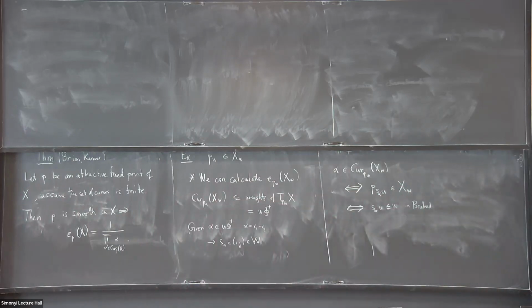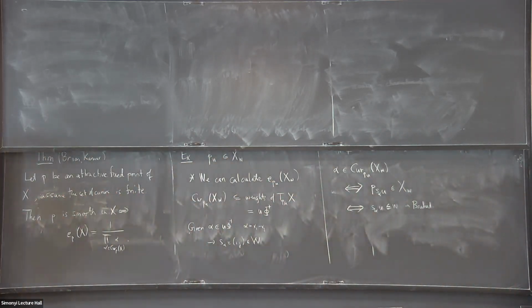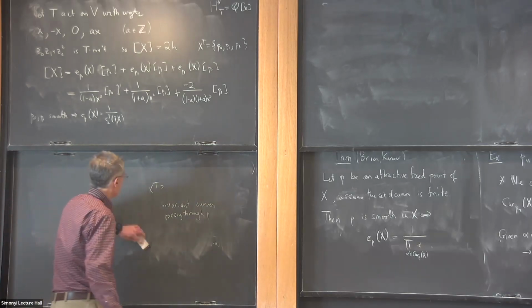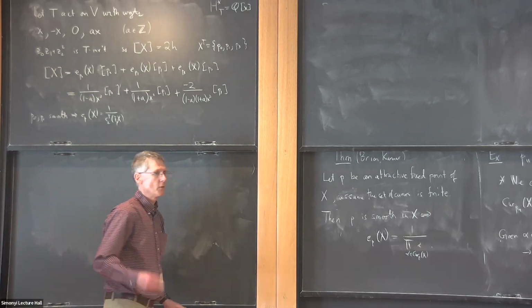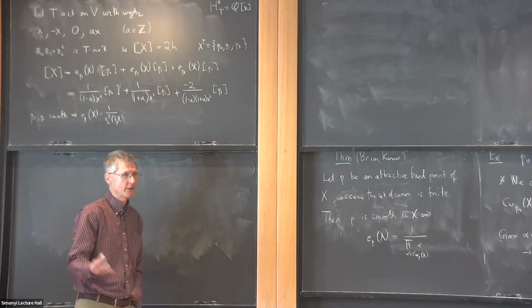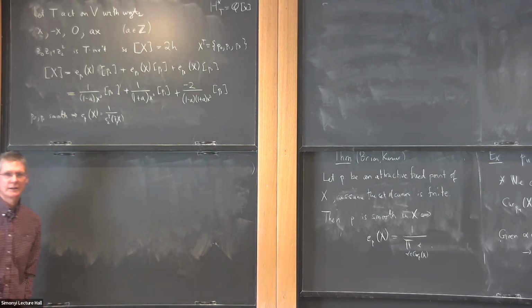So in the last few minutes, one thing I was possibly going to say is that one can also get information about rational smoothness, which is when the Kazhdan-Lusztig polynomials are trivial, out of this equivariant cohomology picture.